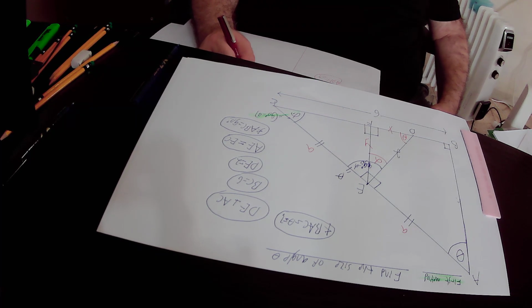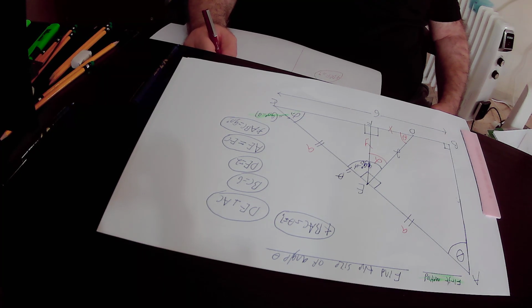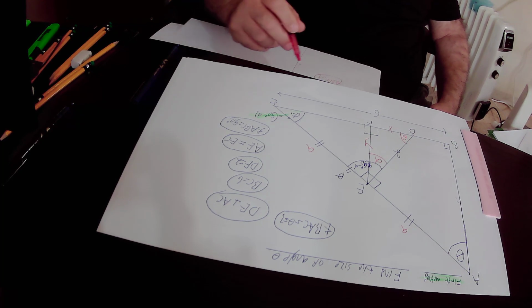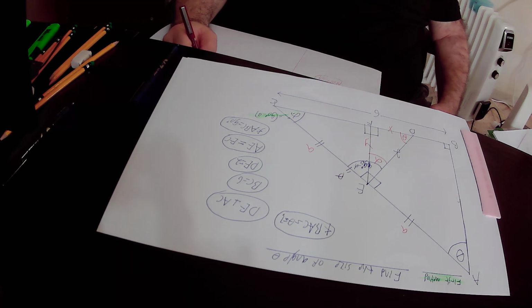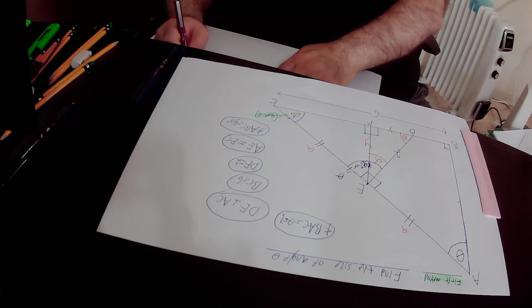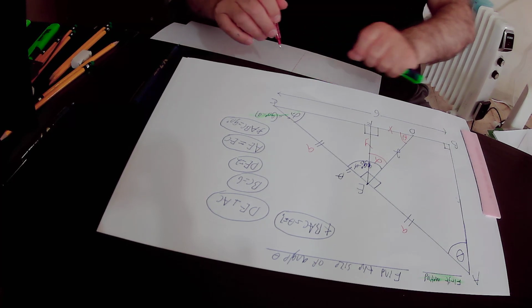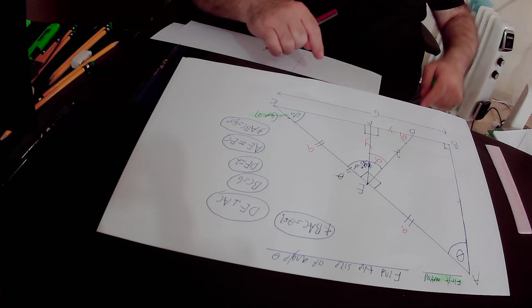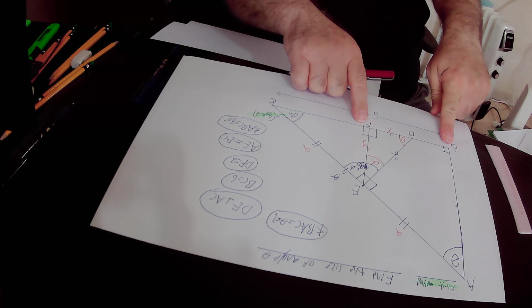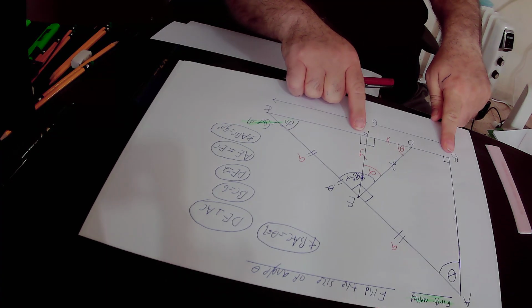So triangle ABC, the big right triangle, is similar to the small right triangle EFC. So why are those two triangles similar to each other? First of all, both of them have this angle that is equal to 90 degrees.